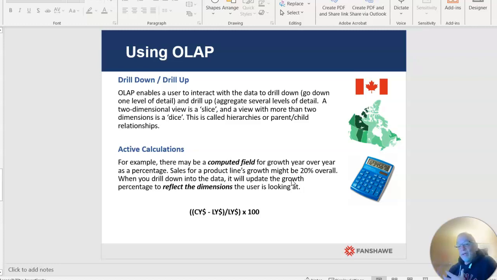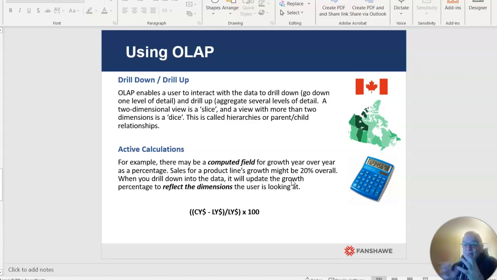When you start working on your projects in a few weeks, I want you to generate and create calculated fields or computed fields like growth rates. Okay, those types of dynamic variables are very important, and that's what sales managers want to look at.